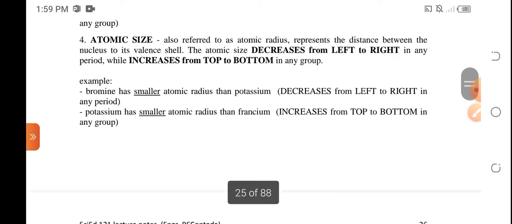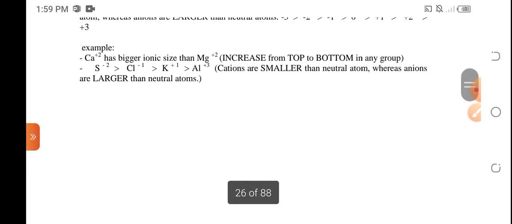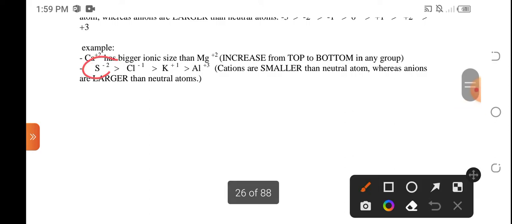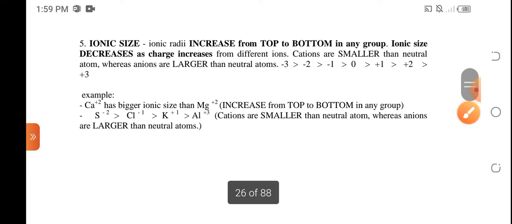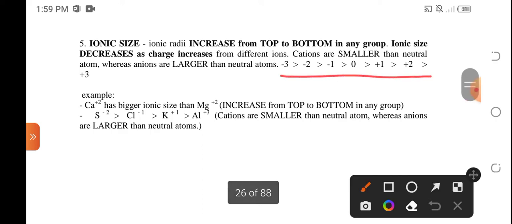Pero kapag hindi na sila mag-share ng same group, like this one, the sulfur ion, chlorine ion, potassium ion, and aluminum ion. Okay? So, mas malaki daw si sulfur kasi negative 2 ang kanyang charge. Aluminum maliit lang siya kasi positive 3 ang kanyang charge. For this time, ang ating gagamiting trend ay ganito.